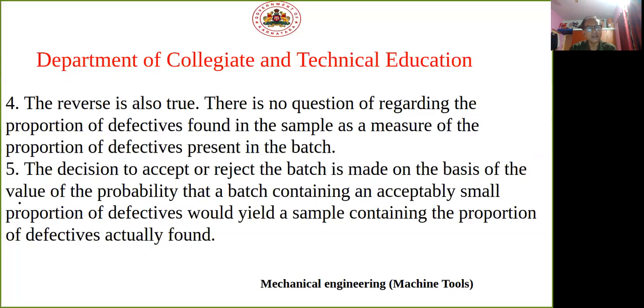So whether the batch has to be accepted or rejected totally depends upon the probability of acceptance, which is an understanding between the producer and the customer. That is what we are going to learn in acceptance sampling.